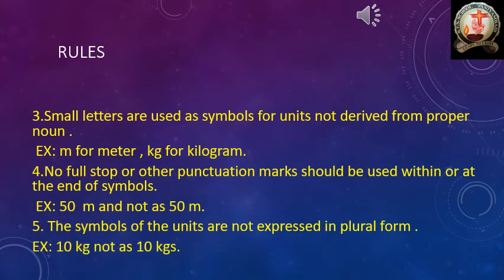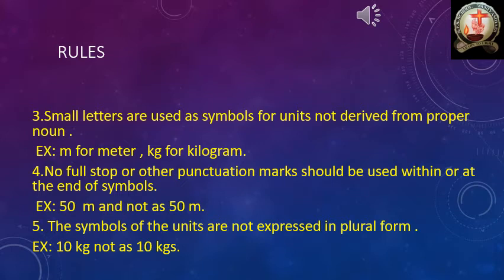The third point is: small letters are used as symbols for units not derived from a proper noun. Once again, small letters are used as symbols for units not derived from a proper noun. Compared to the second point, some difference is there.